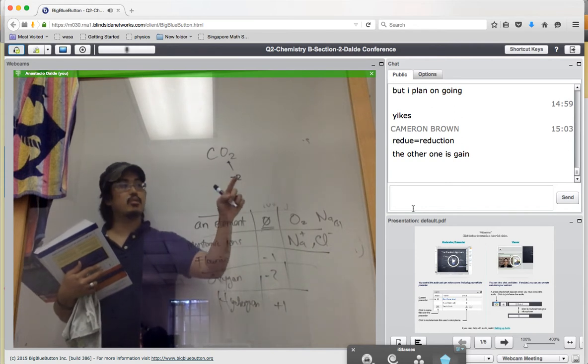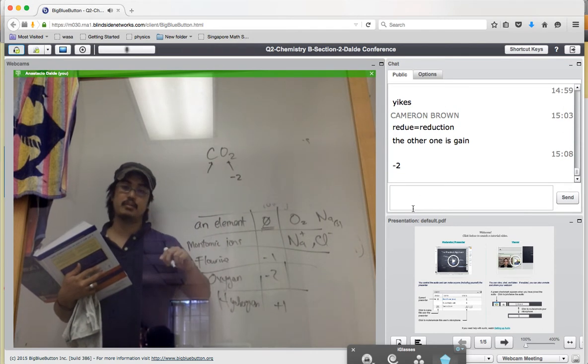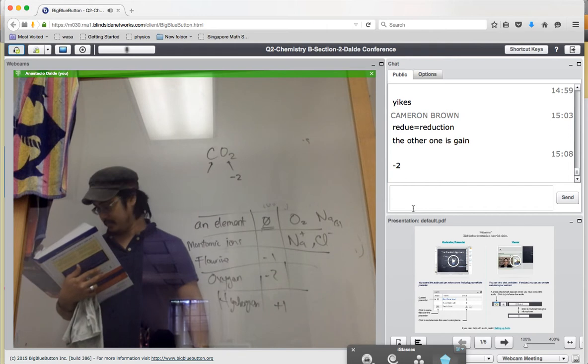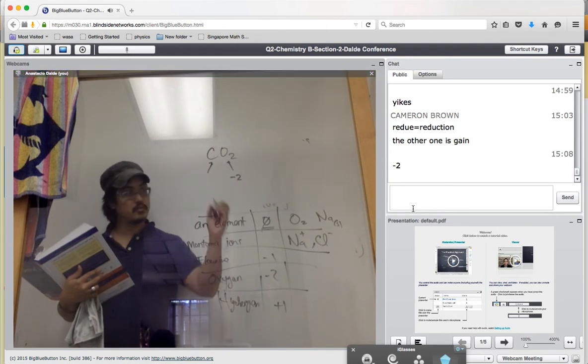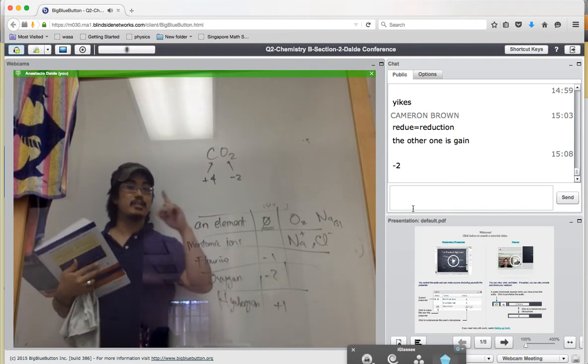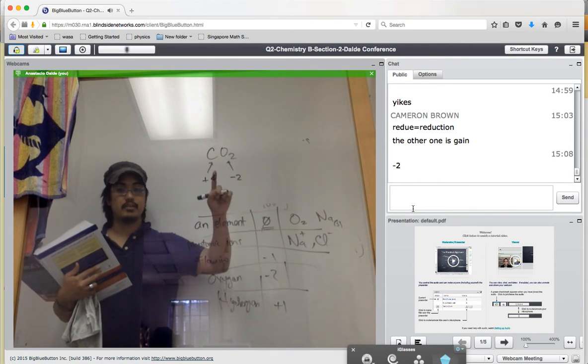So in order to balance out those 2 negative 2's, what does the oxidation number of carbon have to be? +2? Nope. Oh, +4. Yes, you're right. The oxygen by itself would be -2, but there's 2 oxygens.